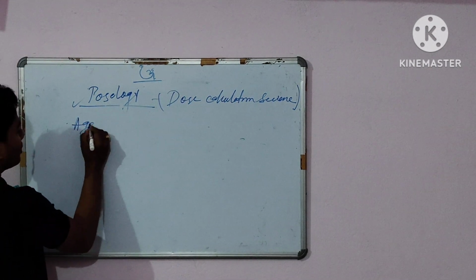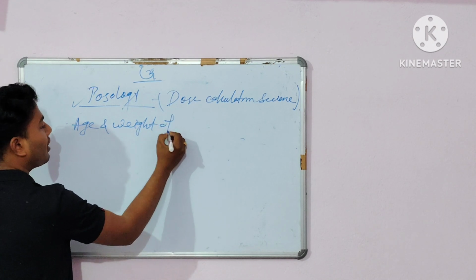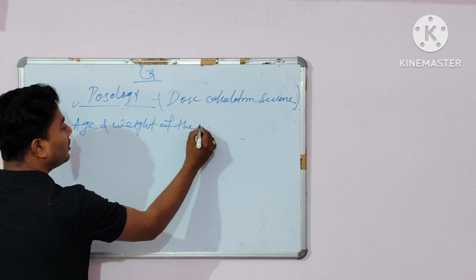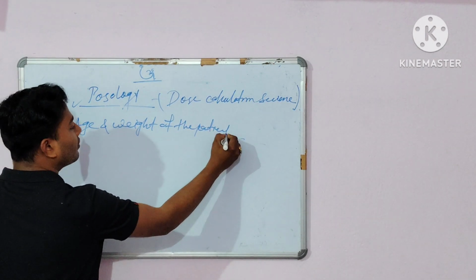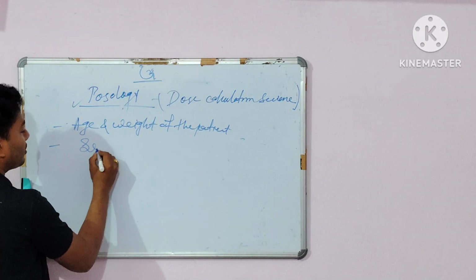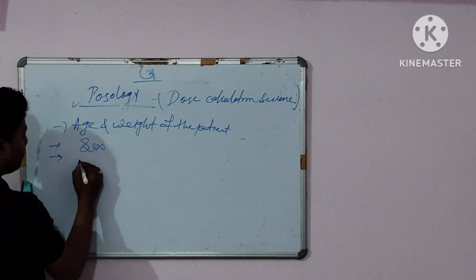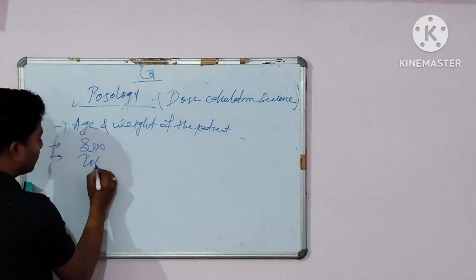The first parameter is the age and weight of the patient. The second one is sex, and the third one is tolerance.